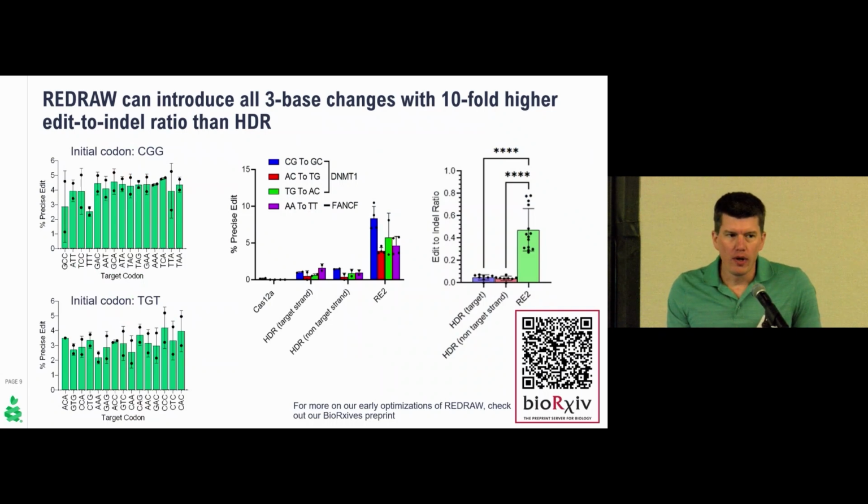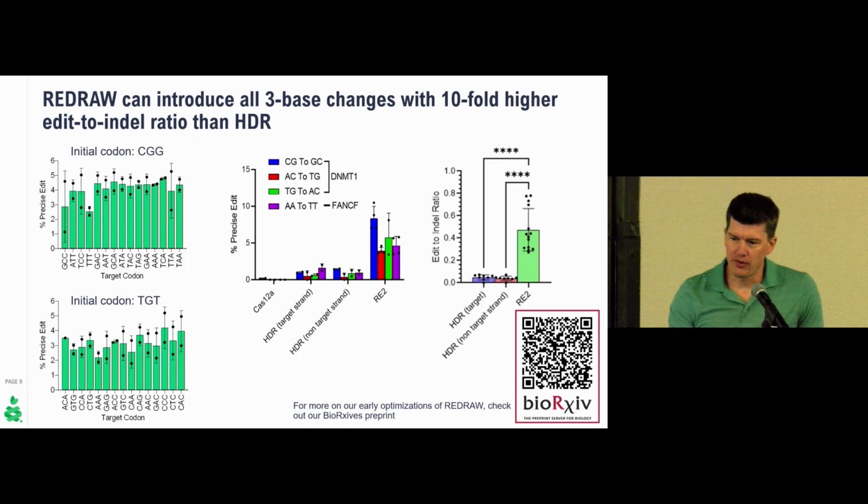We've put quite a bit of work into it since then. A couple years ago, we released a bioRxiv preprint. If you're interested, that QR code on the right will take you there. And that kind of explains the early development efforts that we did on this system. Just to give you a couple highlights, we've shown that in human cells, it can make all 3 base substitutions.